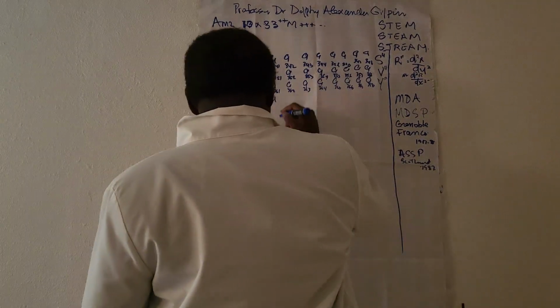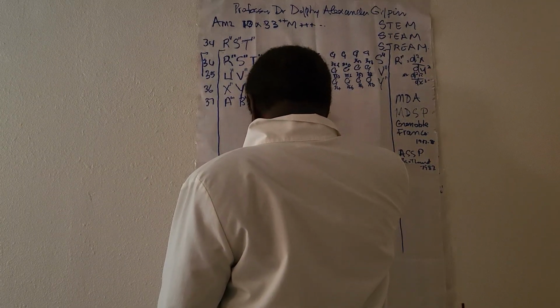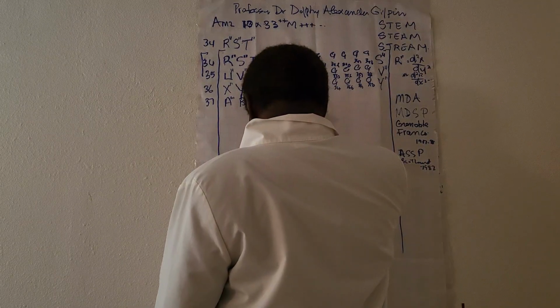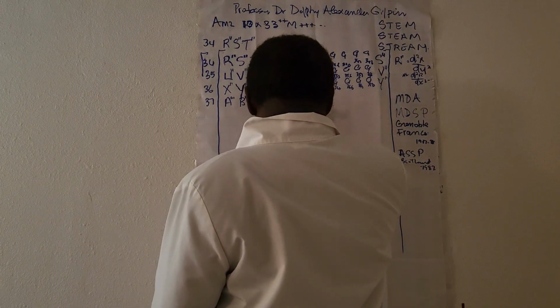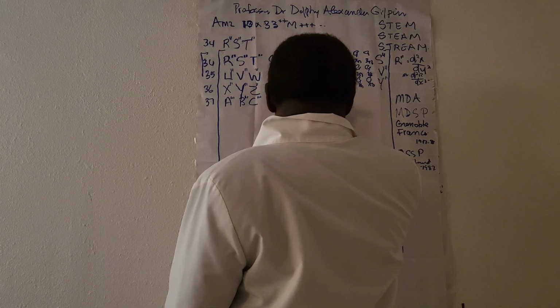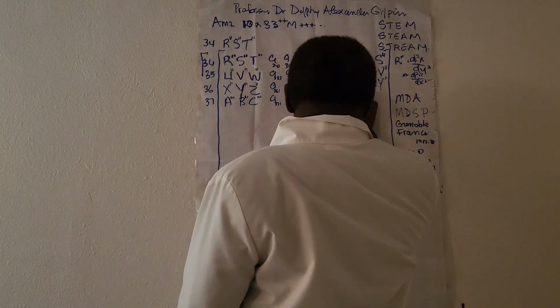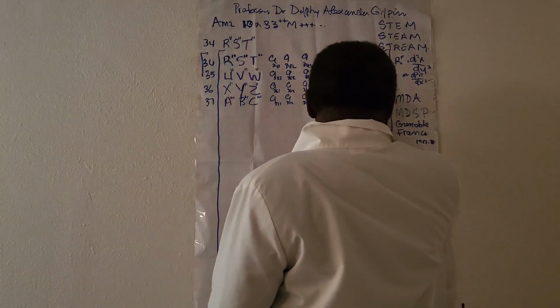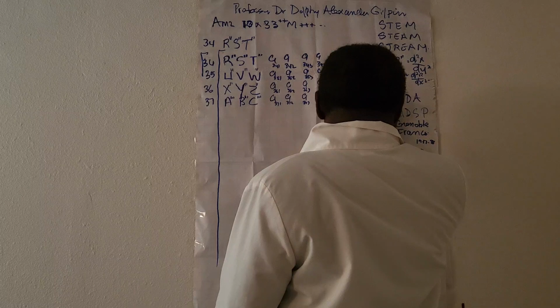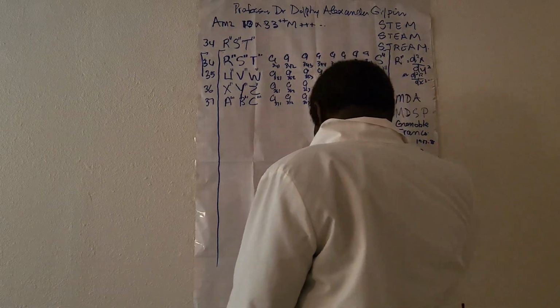All right, so here we have A. A37-1, A37-2, A37-3, A37-4, A37-5, A37-6, A37-7, and A37-8, and that is a B triple dash.